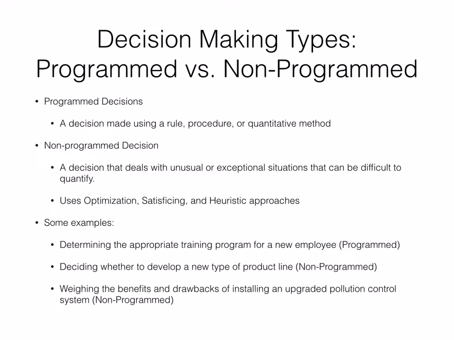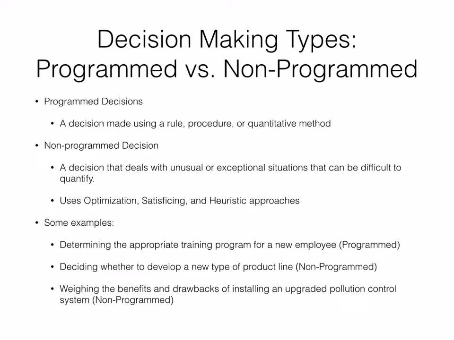A non-programmed decision is a decision that deals with unusual or exceptional situations that can be difficult to quantify. This uses different types of algorithms that are less specific: optimization algorithms, satisficing algorithms, and different heuristic approaches, which basically give you rules of thumb to make decisions.